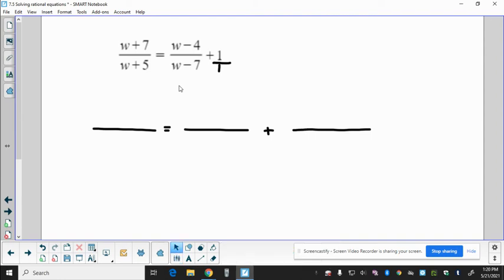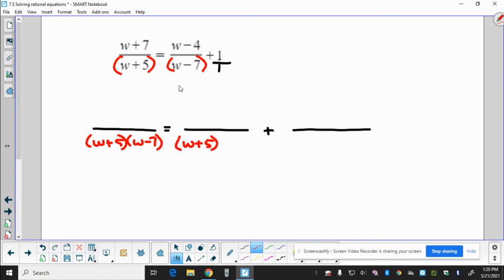Let's look at our denominators. And I'm thinking we're just going to have to multiply these, okay? So it's going to be w plus 5, w minus 7. Pencil in our numerators. Here they are.